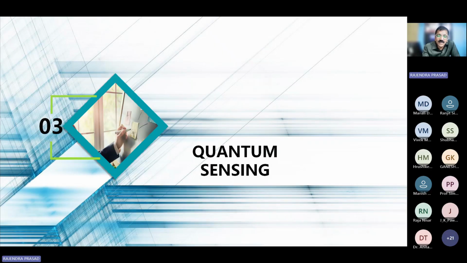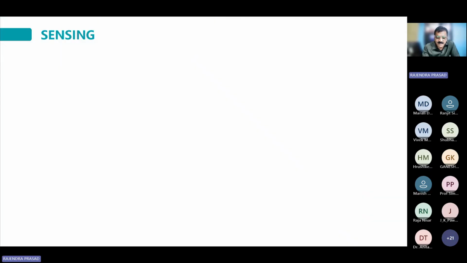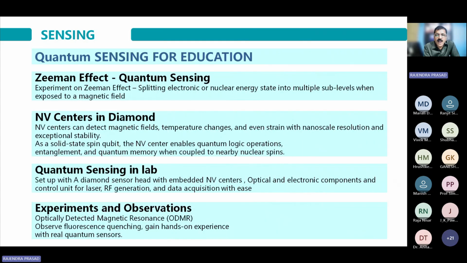Okay. Now going to quantum sensing. Quantum sensing, we have just explained in the beginning: because of the inherent properties of quantum, we can measure very, very minute changes in certain fields.